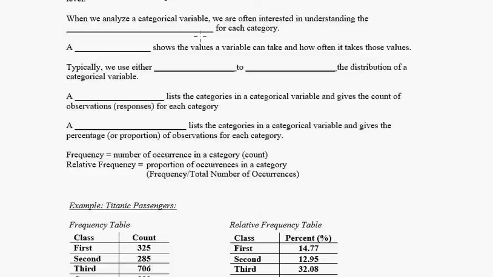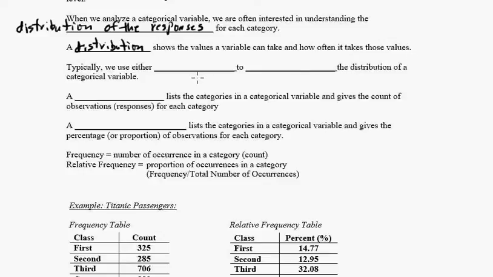When we analyze a categorical variable, we're interested in understanding the distribution of the responses. A distribution shows the values a variable can take and how often it takes those values.